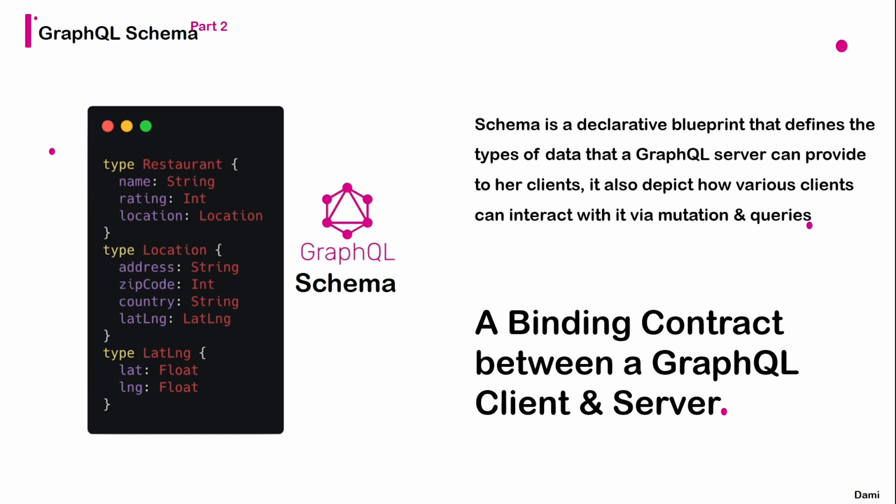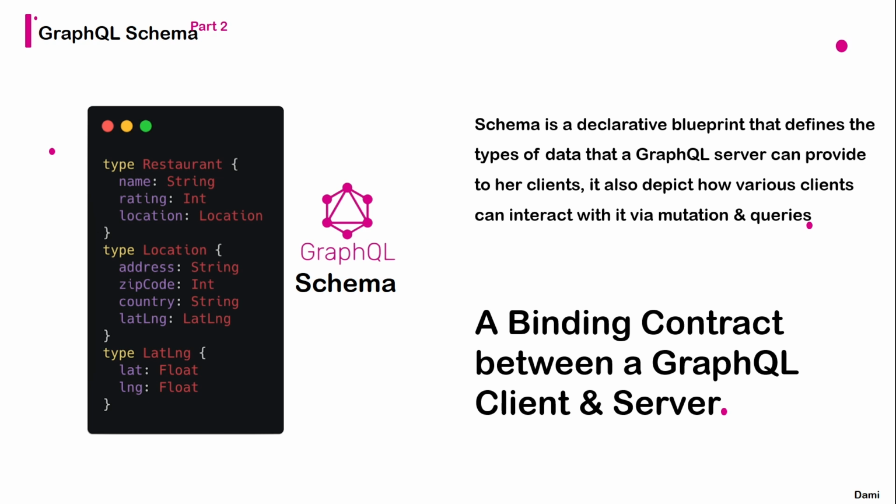And with the understanding of this contract, which is the schema, the GraphQL client is able to accurately query the server, knowing the capabilities of the server, knowing the things that the server can process and the things that the server is not capable of processing, so it doesn't bother asking.